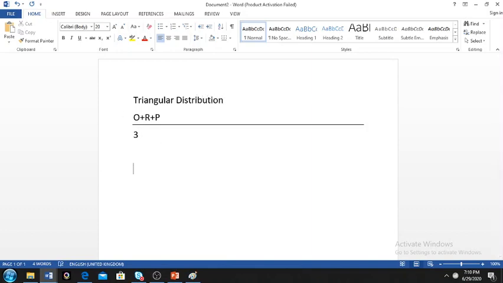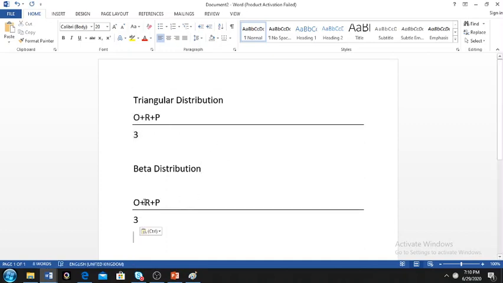Now, what we are talking about here is the beta distribution. With the beta distribution, the realistic, which is the best guess, weighs 4 times the rest. So you give it more weight and you divide by 6.